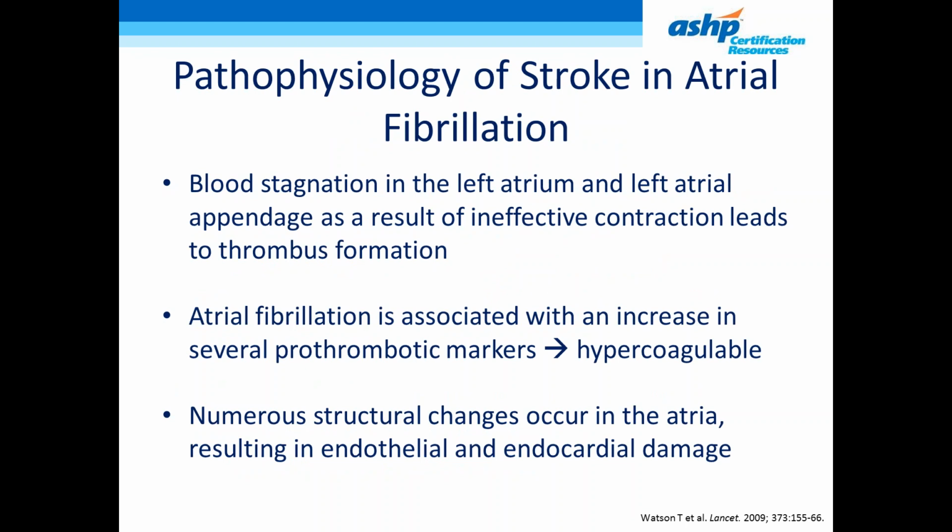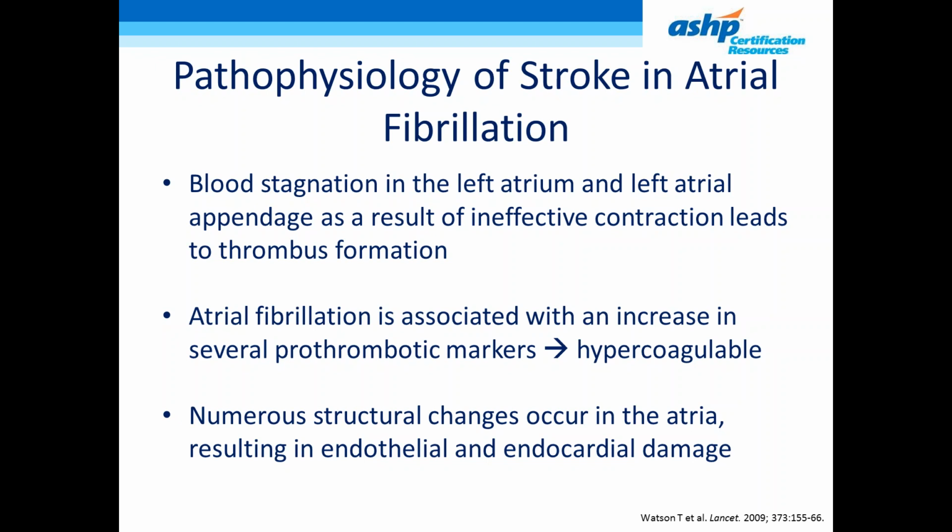The pathophysiology of stroke and atrial fibrillation is quite complex. First of all, blood stagnation occurs in the left atrium and the left atrial appendage as a result of the ineffective contraction that occurs because the atria are fibrillating. This blood stagnation then leads to thrombus formation that is frequently seen on echocardiogram at that left atrial appendage.